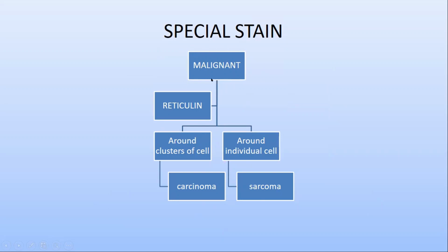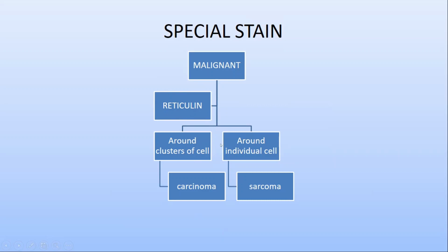When we see a malignant lesion, I always tell my pathology students to start with the H&E staining, and then the next step is to do the special staining. Don't worry, I will go into detail about what all this staining means. Reticulin is a special stain.